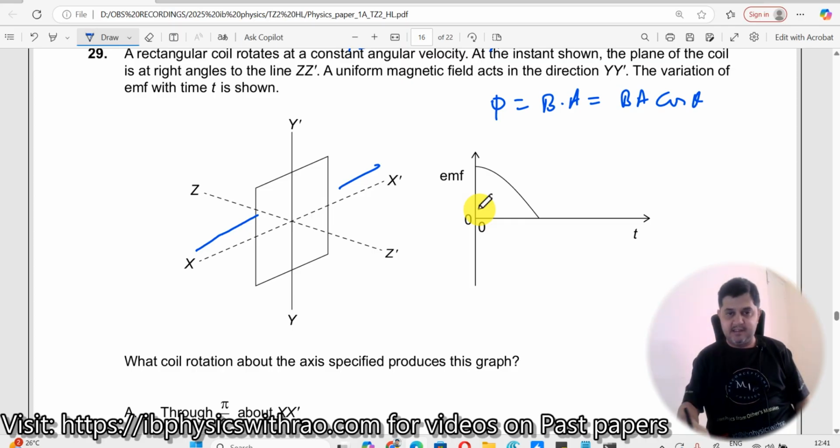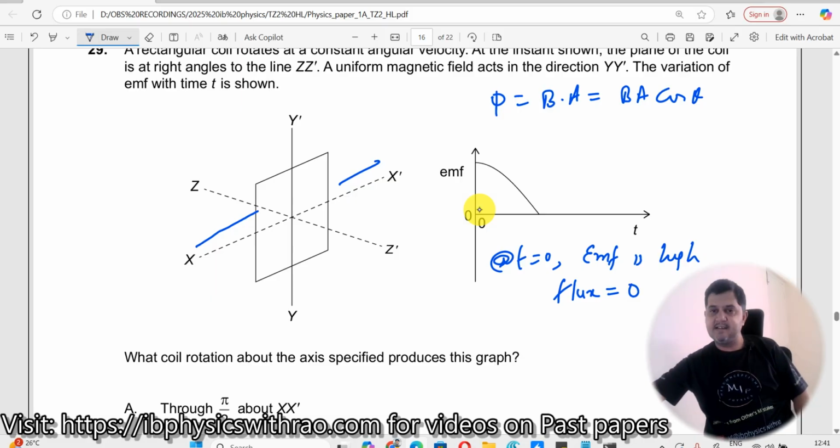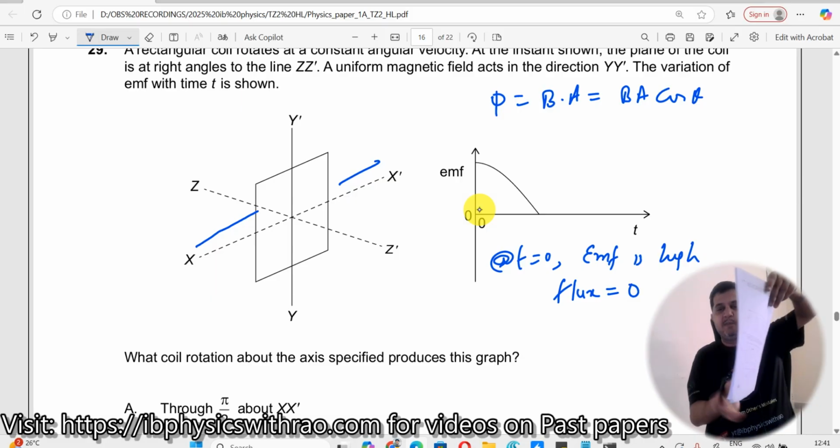Now let me draw this figure. At t equal to 0, EMF is high, but the flux is equal to 0. Only the EMF will be high, right? So when is it possible? I keep the sheet over here.